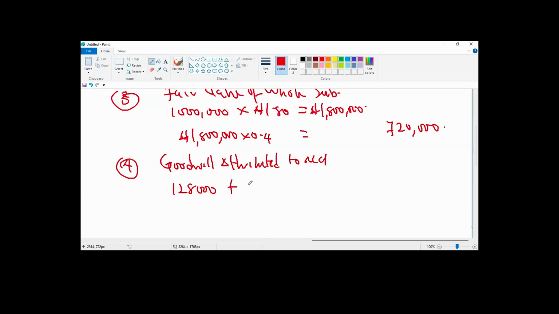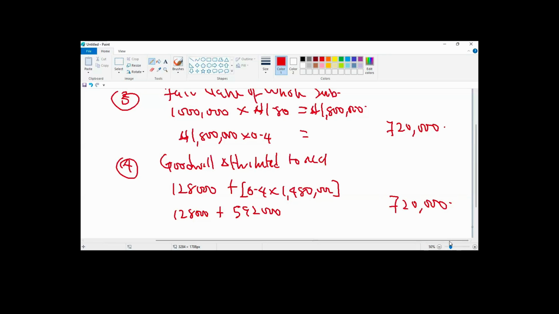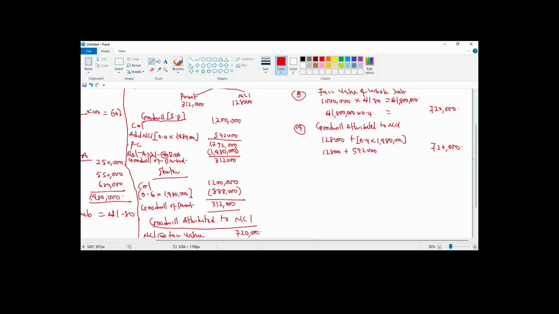I will now go and apply NCI portion of the net assets, which is 0.4 times 148. That will give me 128,000 plus 592. It will still give me 720. So irrespective of which one you give to me on fair value, I will still get the same answer.